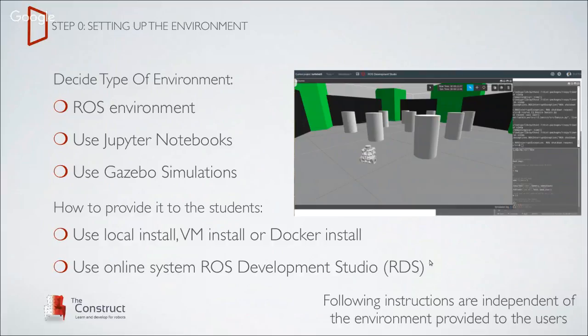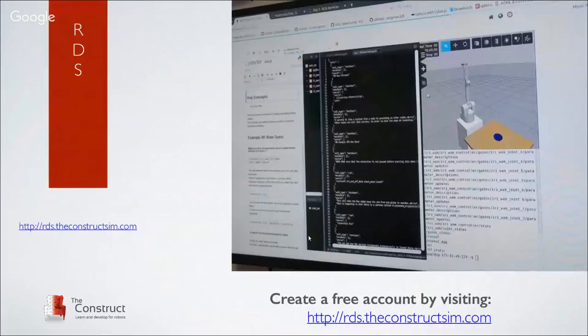It's for free, of course. Then let's go. We have set up the environment. So the first thing that we are going to do is to go to the RDS and create a free account. So go to this address right now, rds.deconstructsim.com, then go there and create a free account on this platform so you can start working.